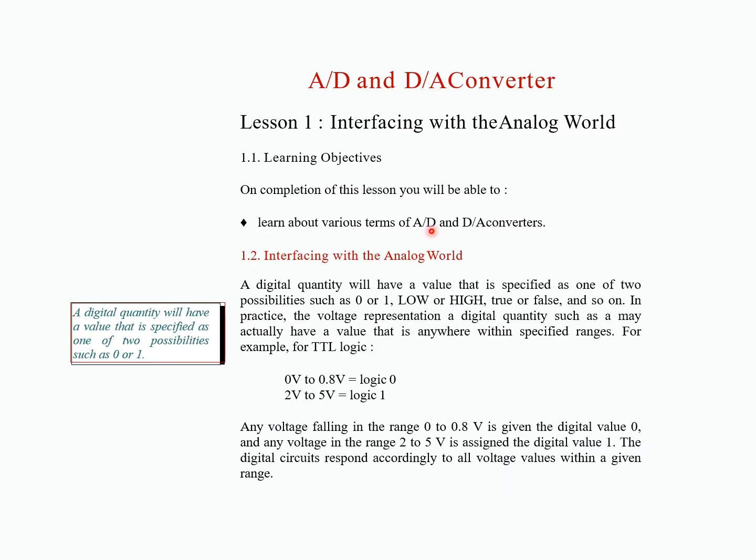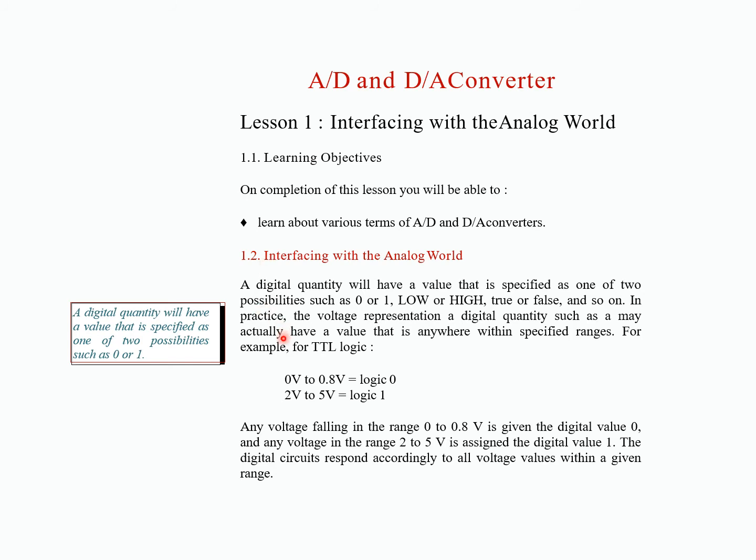So let's start with the first lesson of A to D and D to A converters. In this lesson, you will be able to learn the various terms of A to D and D to A converters. Our learning objective of this chapter is to learn about various terms of A to D and D to A converters. So the first is interfacing with the analog world.